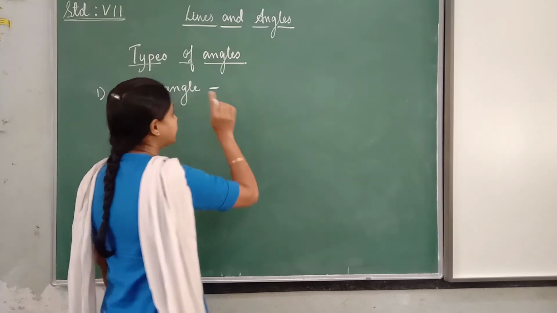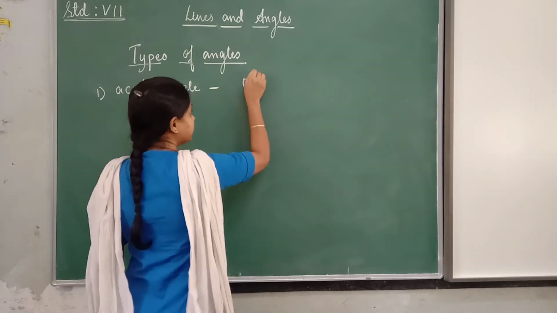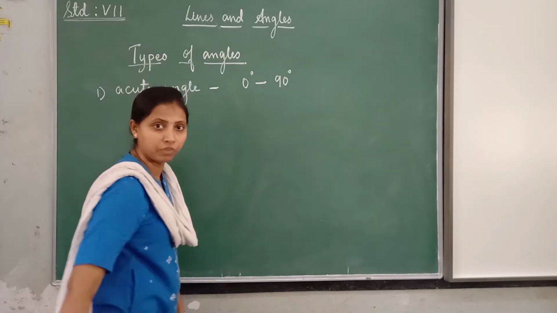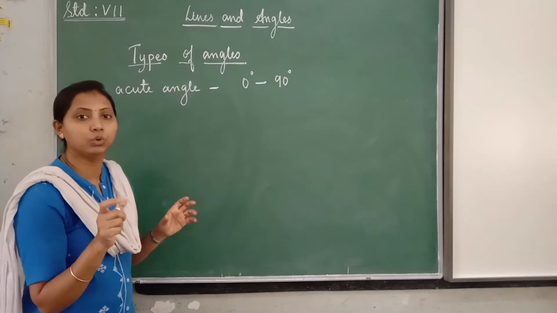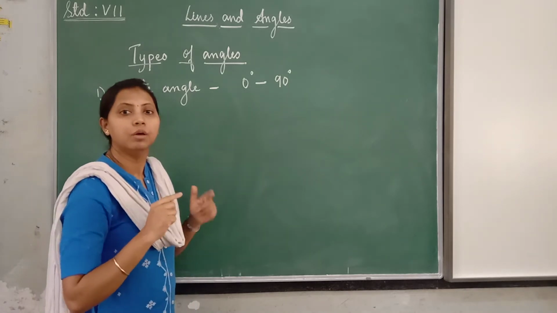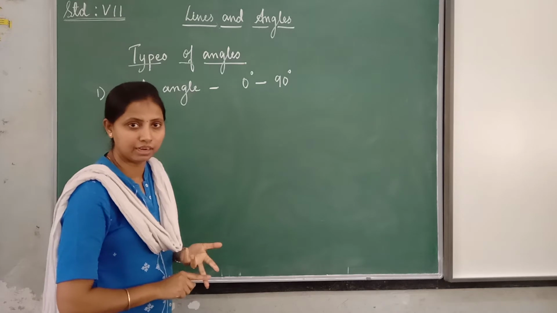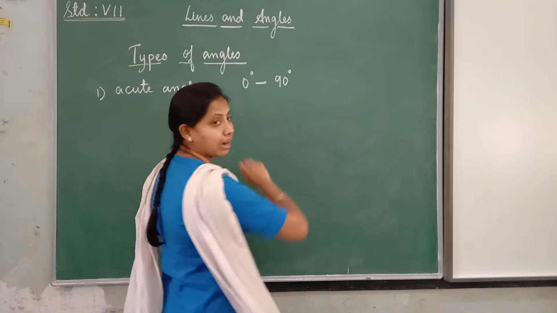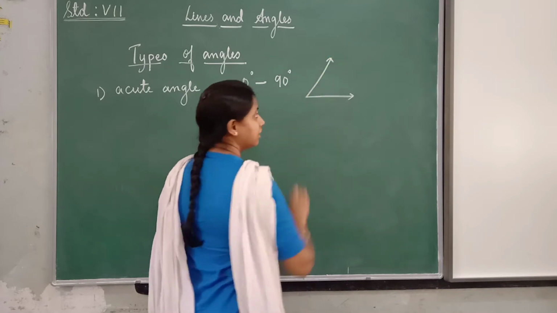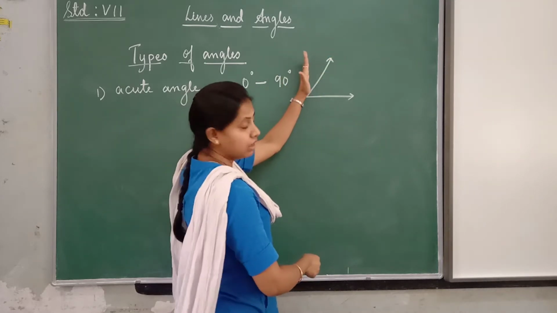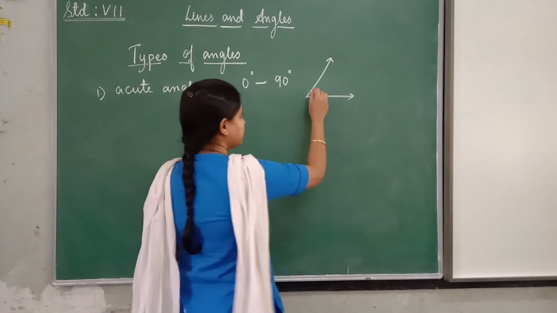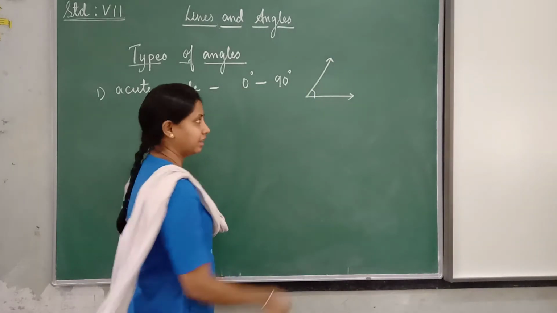Yes, the measurement of an acute angle is between 0 degree and 90 degree. You will always get an acute angle in this form, less than 90 degrees. Okay, so this forms an acute angle.